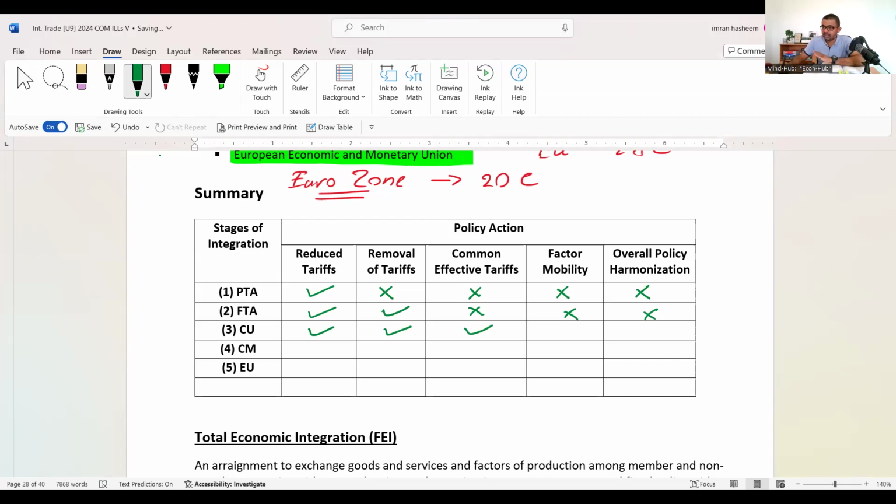All the member countries will charge the same tariff on the non-member countries. Get it? Factor mobility, no. Common market: yes, yes, yes, and yes. Factor mobility, yes, but no policy harmonization. Economic union: and yes, policy harmonization is also there. Are we okay? Done?